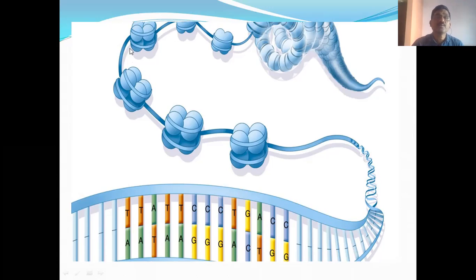But in this case there is loose packing, because individual octamers can be seen, and this is due to the loose packing. Loose packing means the involvement of euchromatin, which has genetic importance because euchromatin is always involved in transcription.